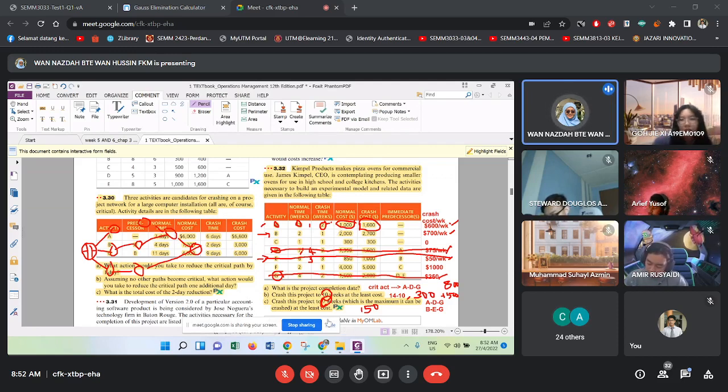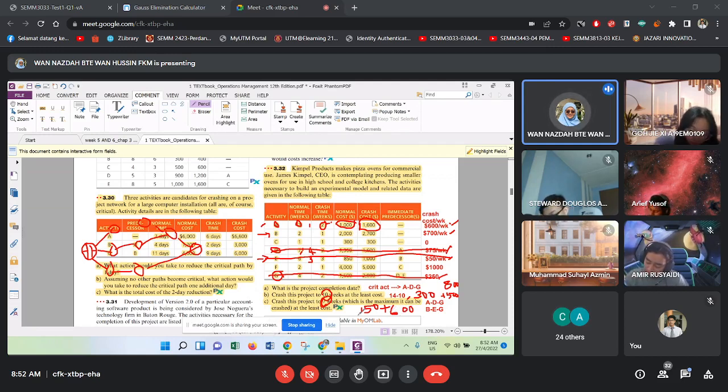So your total additional cost if you want to crash the project from 10 to 7 is 150 plus 600. So 750 the additional cost.